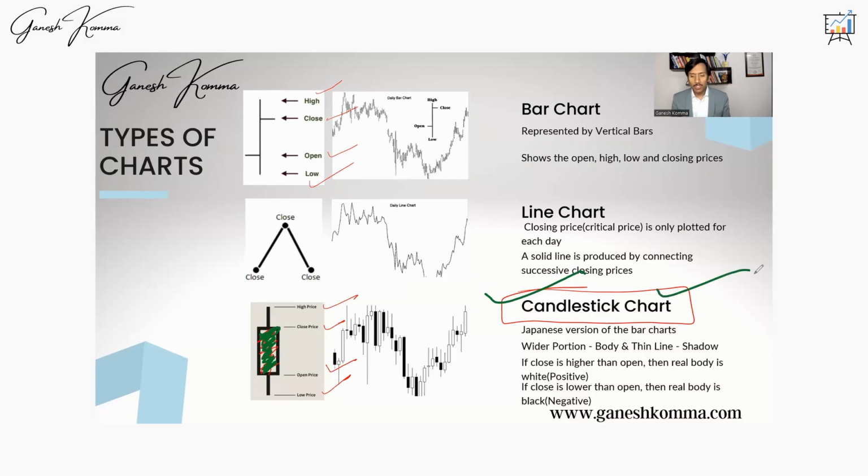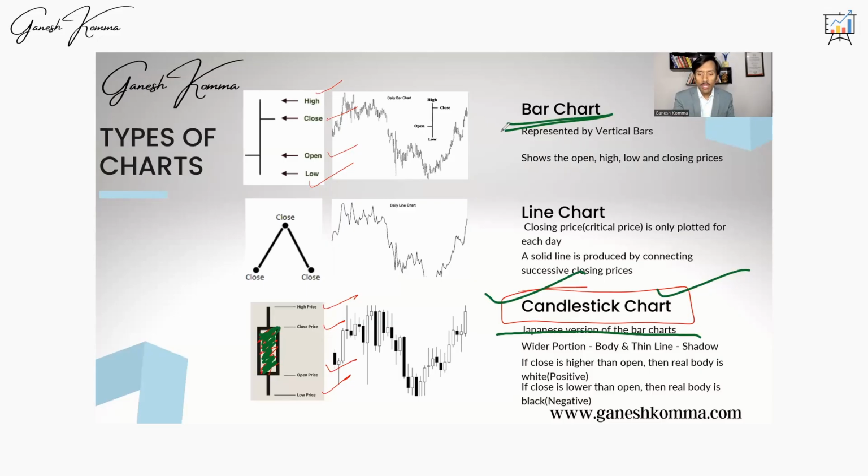And if you have understood this, this is called the Japanese version of the bar chart. Good to know on the bar chart, but we mostly use the Japanese version of the bar chart, which is the candlestick chart.